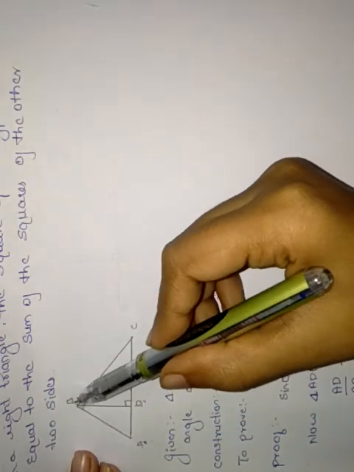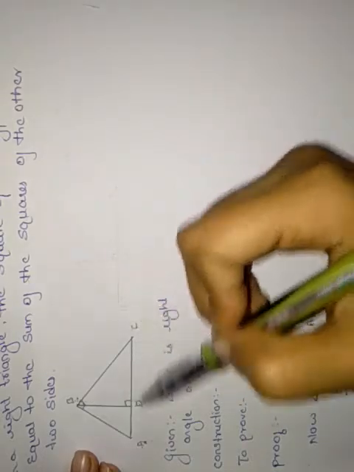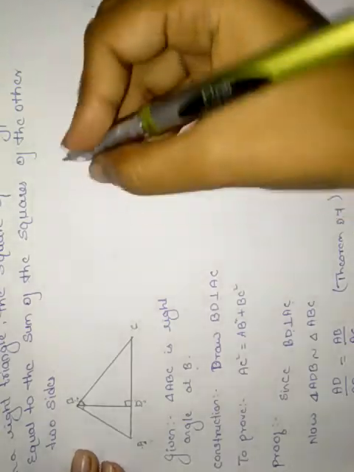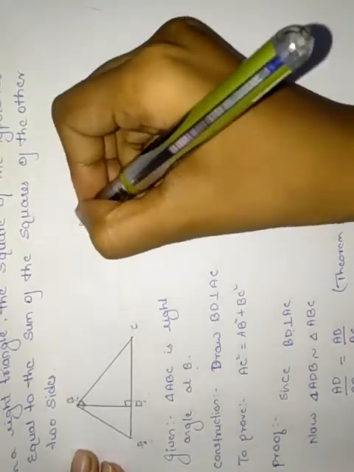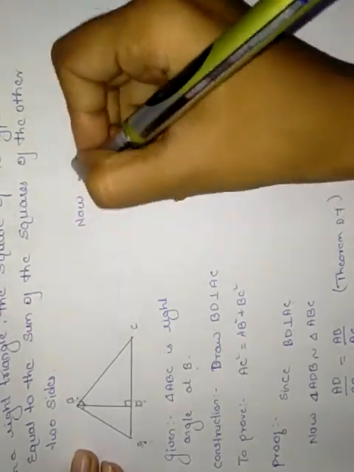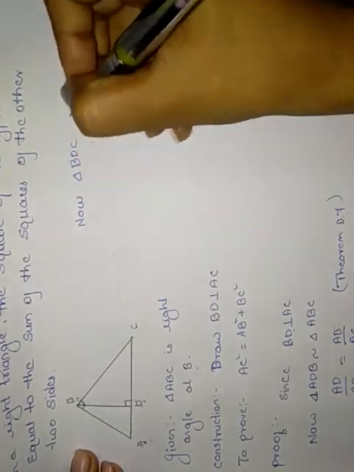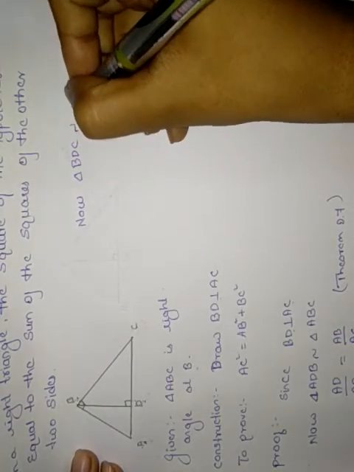Next we'll consider the small triangle, that is triangle BDC, and the big triangle ABC. We'll say these two triangles are similar. Now, triangle BDC is similar to the triangle, which triangle?